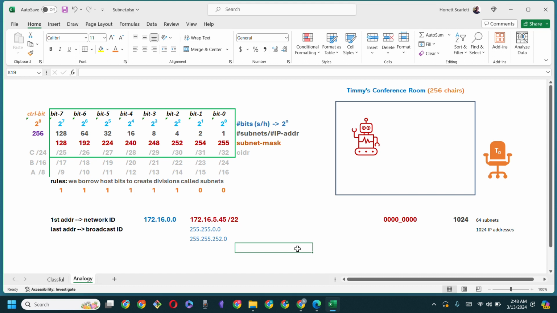So we are now going to compute the different subnets that we can get, starting from that particular IP address. The next thing we need to determine from our table is the increment size.